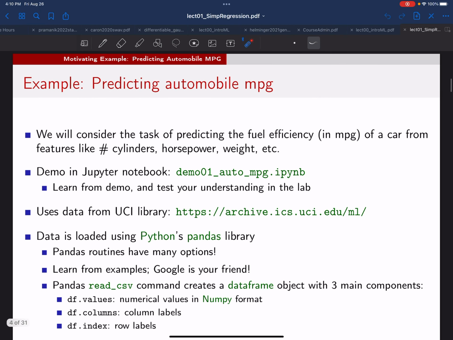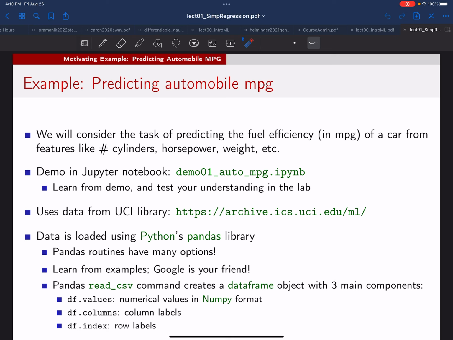All of our lectures will involve some sort of data set to illustrate the concepts on. And in this lecture, we're going to use a data set where you have a bunch of data on different aspects of vehicles like miles per gallon, number of cylinders, horsepower, weight, etc. And with that data set, you could construct various prediction problems.